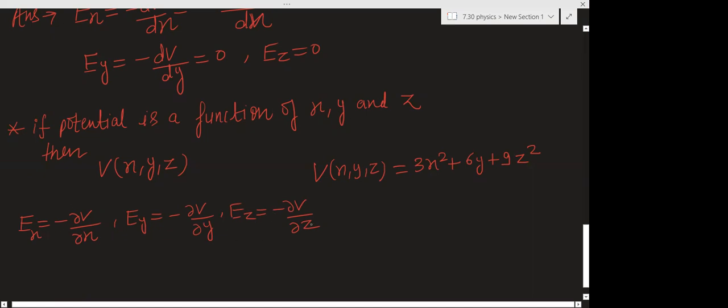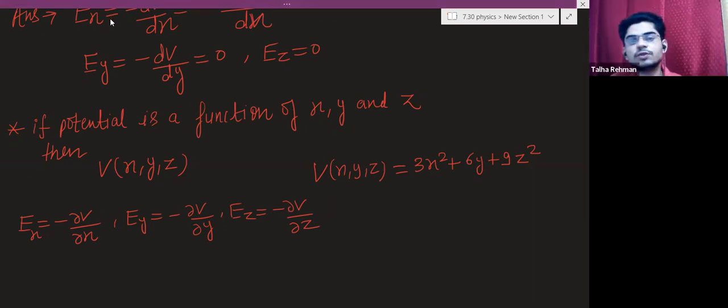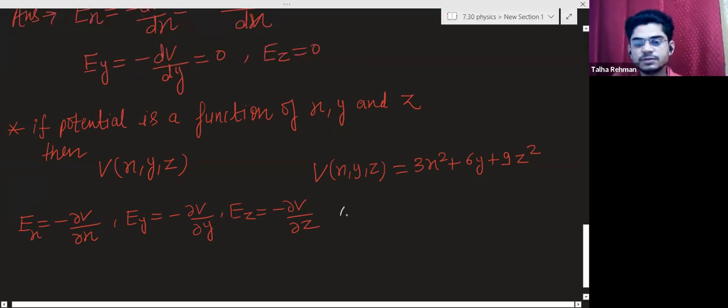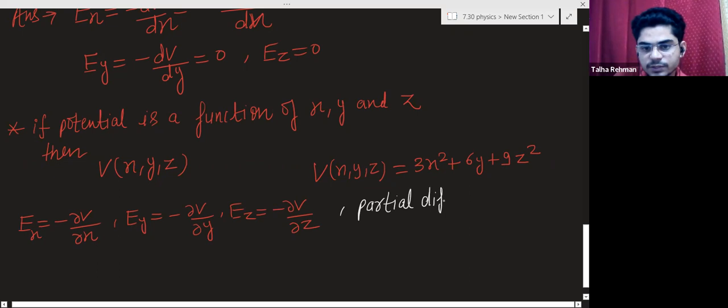And this is known as partial differentiation. Partial means not fully differentiated, partially differentiated. So we use here partial differentiation.